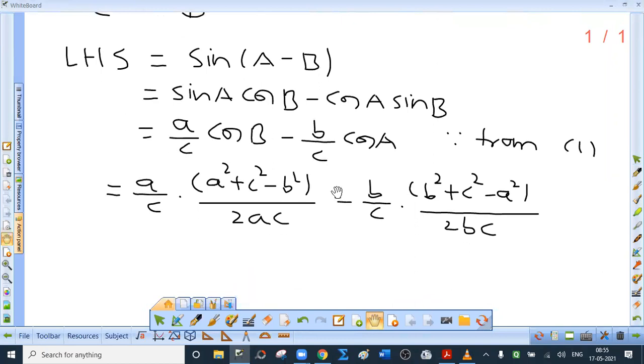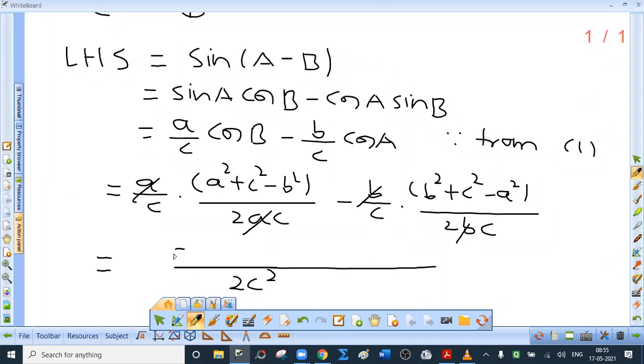After that, I have used cosine rule. See, reasons are to be mentioned, otherwise you won't get marks for that. Here you have to say using cosine rule. So 2c square is nothing but LCM, because here A gets cancelled and here B gets cancelled. So 2c square is nothing but LCM.